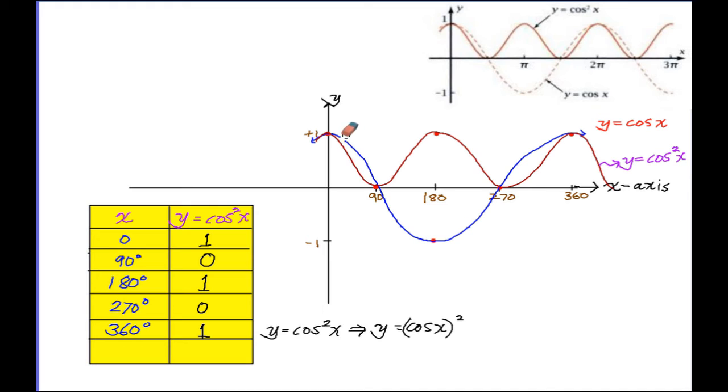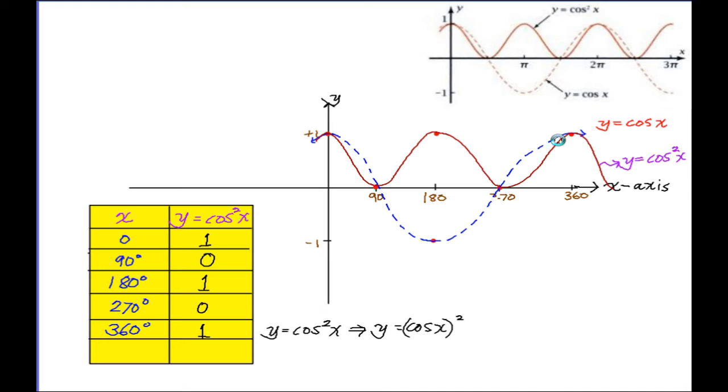To be more accurate, let's make the cosine function a broken line to give emphasis to our cosine squared of x function. So this is the result.